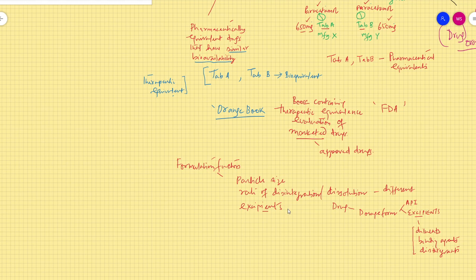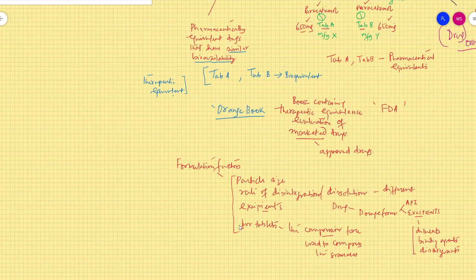Those excipients may vary from manufacturer to manufacturer. And for tablets, the compression force that is used to compress the granules to form the tablet might be different.